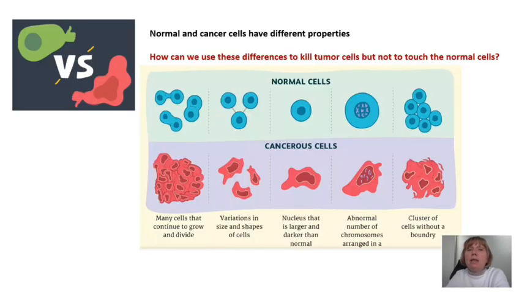To understand these approaches, we need to consider the differences between normal and tumor cells. You can see on the picture that normal and tumor cells differ in terms of shape and size. Usually, tumor cells can be different in size, and their shapes are very irregular.